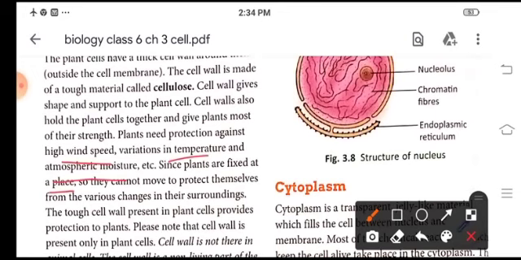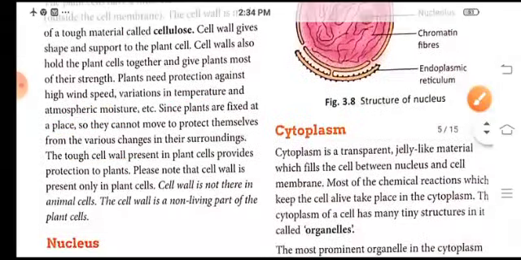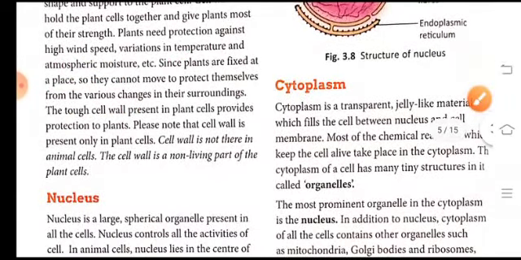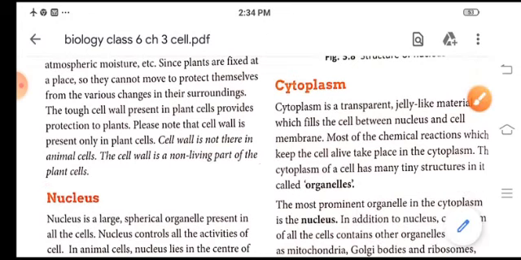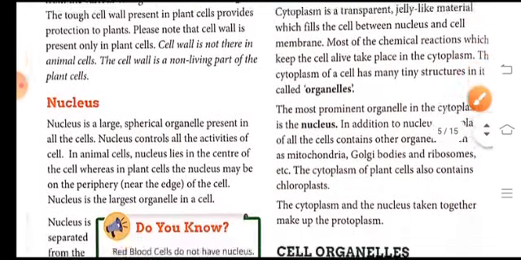So this tough cell wall provides protection to the plant. Now cell wall is not there in the animal cell, and the cell wall is a non-living part of the plant cell.